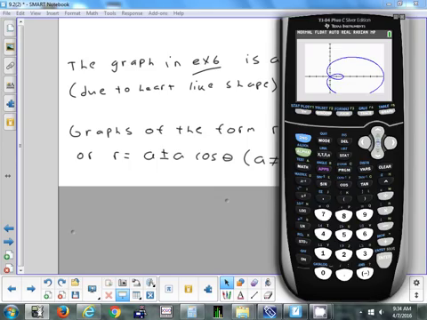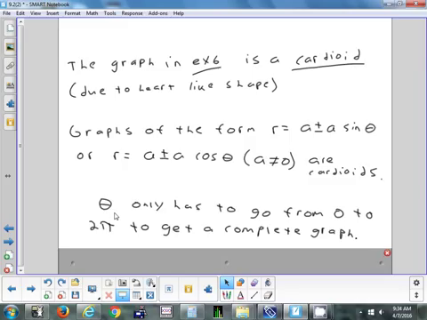To be a cardioid, it can't loop back on itself like that. We're not really going to look at that kind of graph. I just wanted to show you what happens if you don't keep the numbers the same. And theta only has to go from 0 to 2 pi to get a complete graph. If I go more than 2 pi, I'm just going to trace over what I already have.